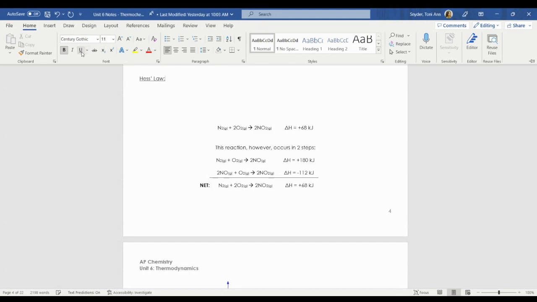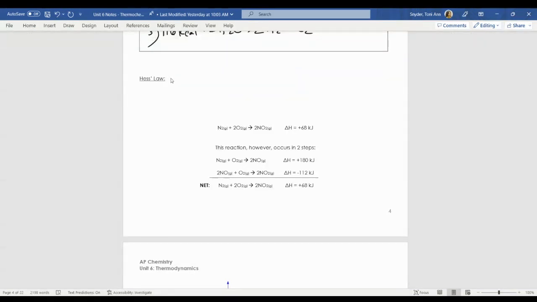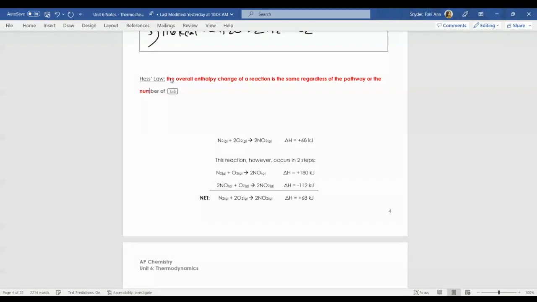So what is Hess's law? Hess's law is that the overall enthalpy change of a reaction is the same regardless of the pathway or the number of steps it takes.